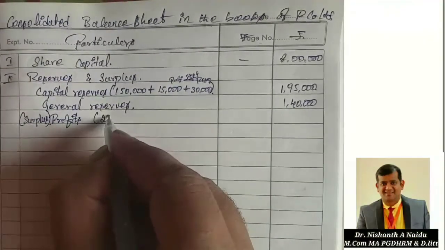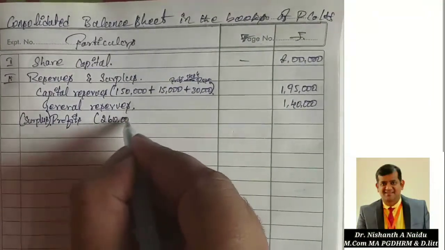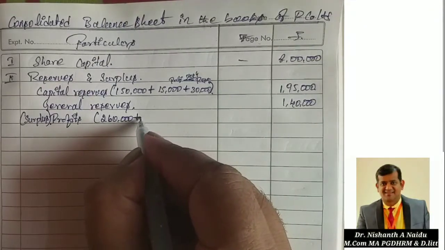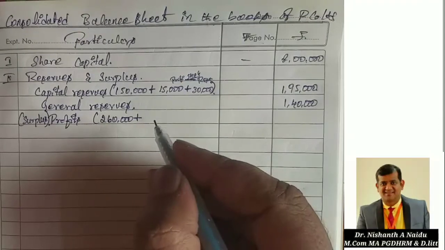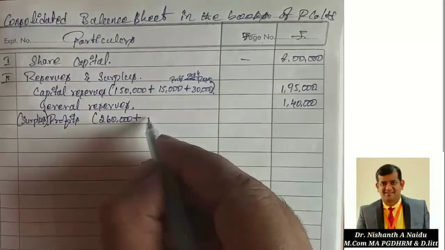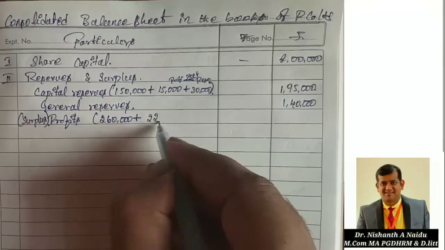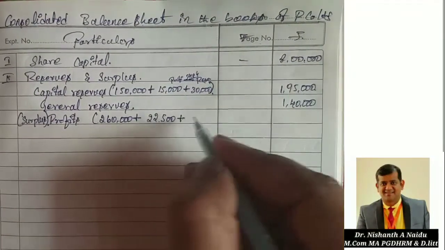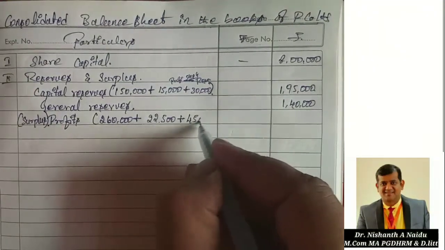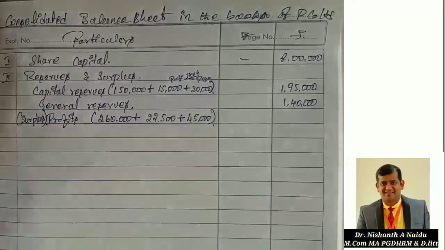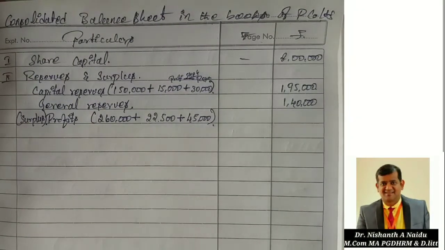So Q Company Limited 2,60,000 plus, so go to the step 4, their profit I have written it as a P&L, so that is 22,500 plus under reserve I have written 45,000, that is profit, 45,000. So add these 3 and put it to outer column.